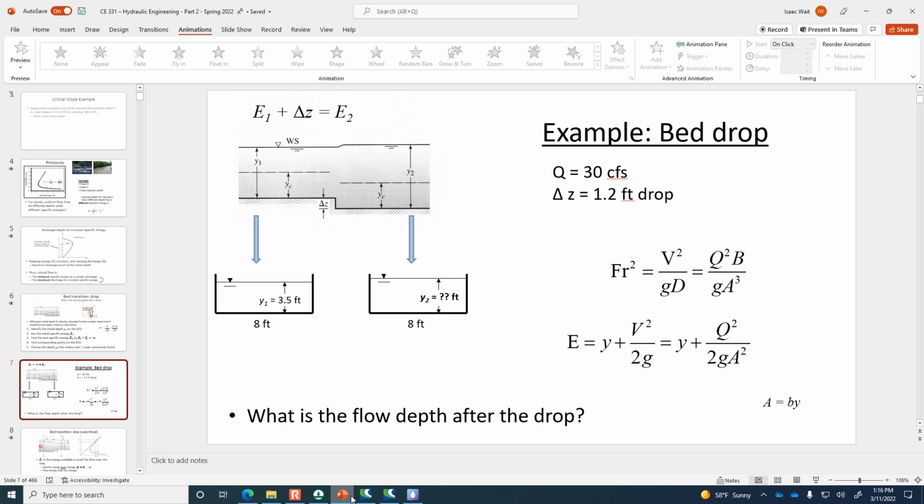Initially, Y1 is 3.5 feet. We've got a flow rate Q of 30 cubic feet per second. And delta Z is 1.2 feet. Okay.